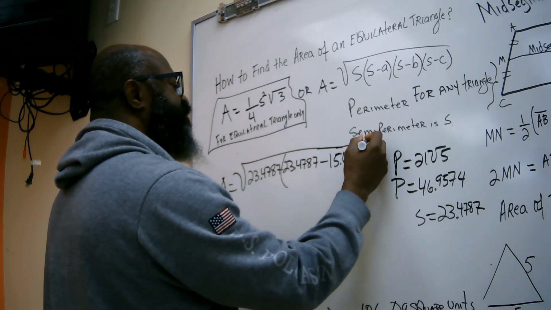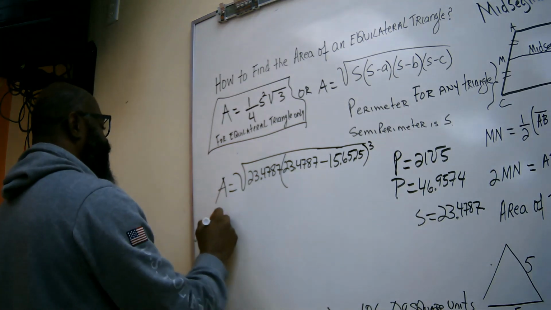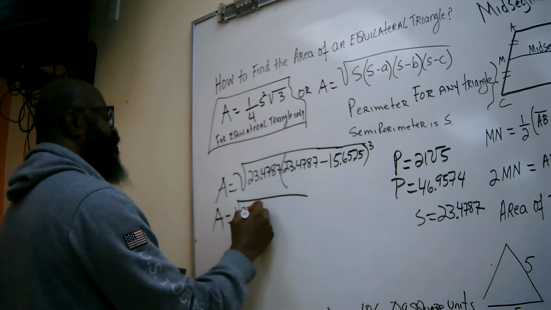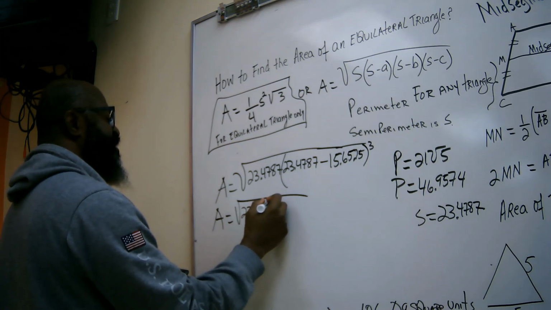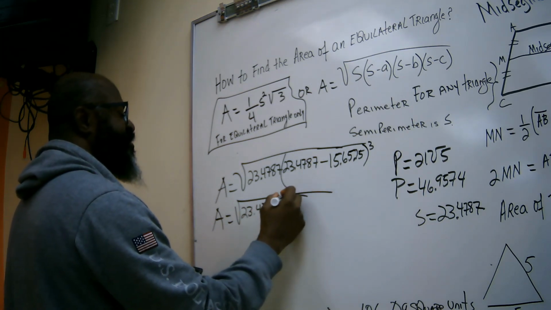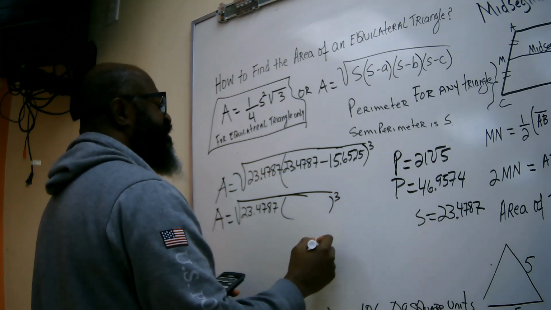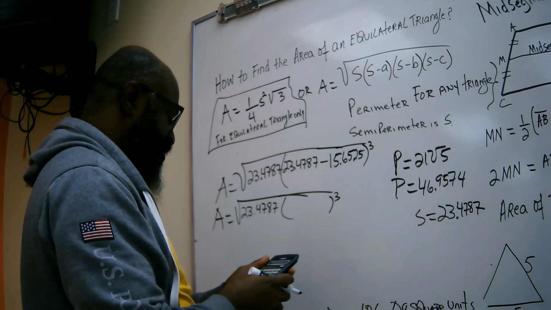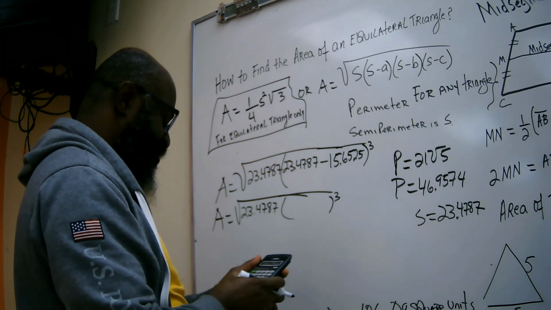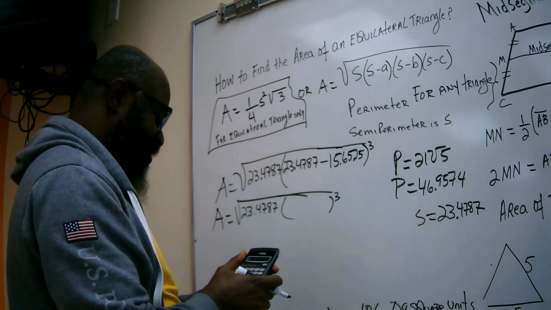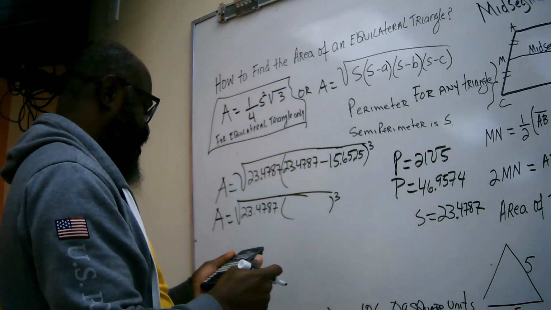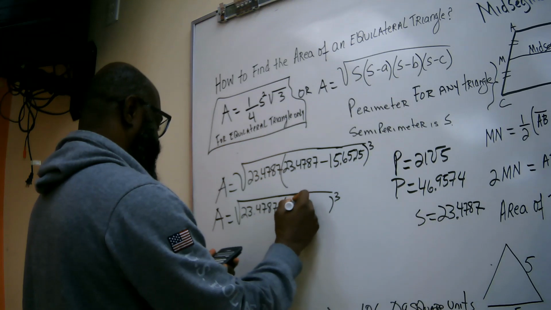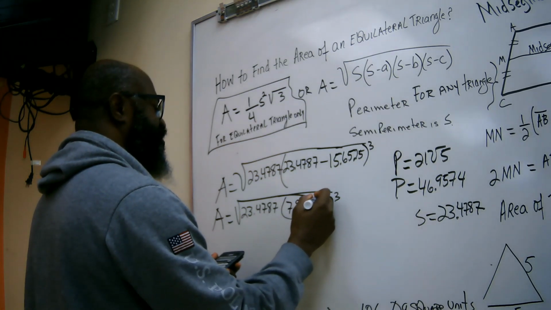This is 15.26525. Then you will have to cube that. And you will have A equals square root of 23.4787. So let's work inside of that parentheses. Plus 23.4787. This is about 7.8262.